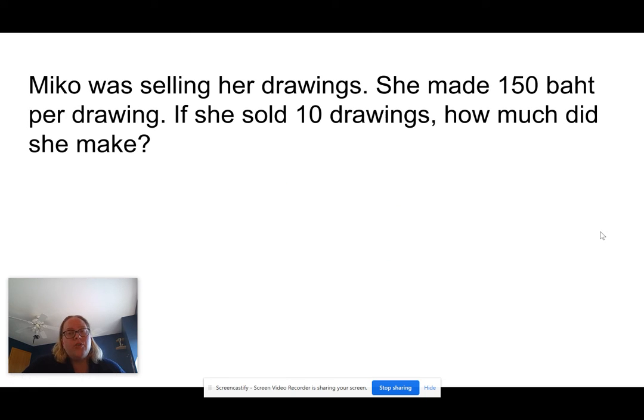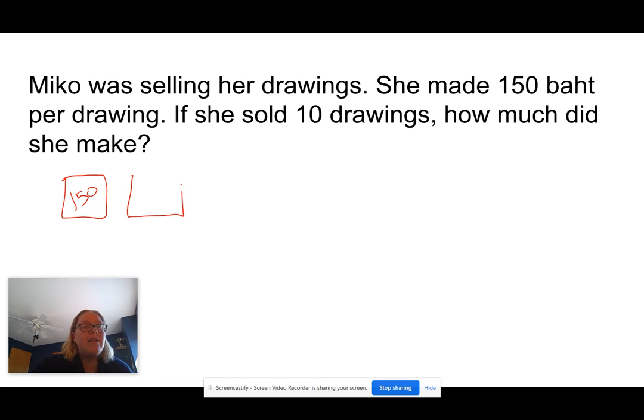Miko was selling her drawings. She made 150 baht per drawing. If she sold 10 drawings, how much did she make? Here's my drawing, and it's 150 per drawing. I know how many drawings she had.